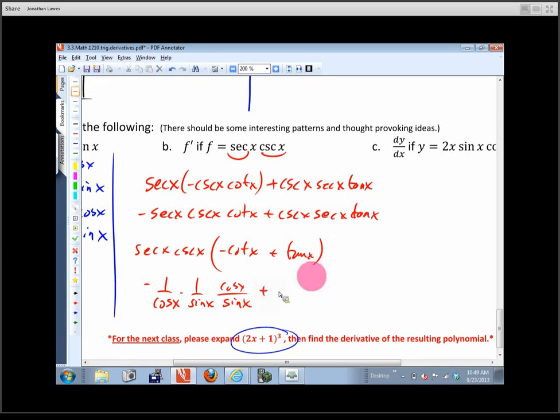Cancel here and here. Cancel here and here. Negative 1 over sine of x squared plus 1 over cosine squared of x. And what are each of those? That is a negative cosecant squared, and that is a secant squared. Lots of different ways to rewrite that. And that's not the only way to get there.